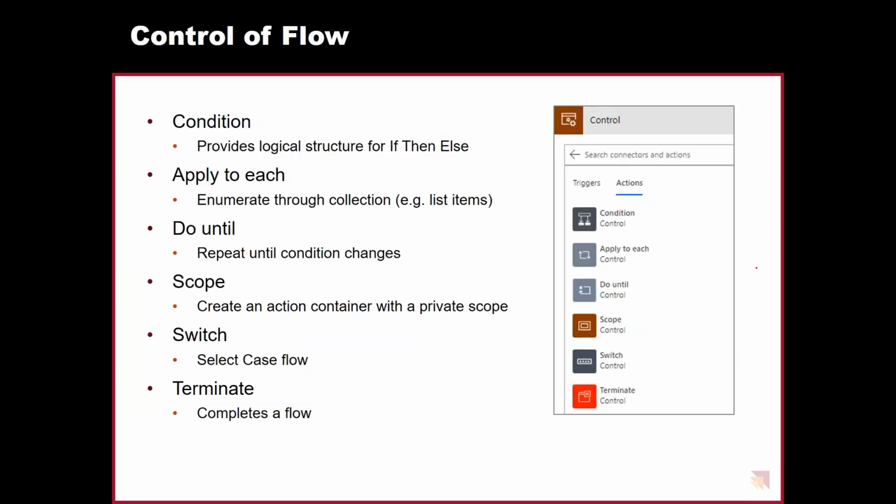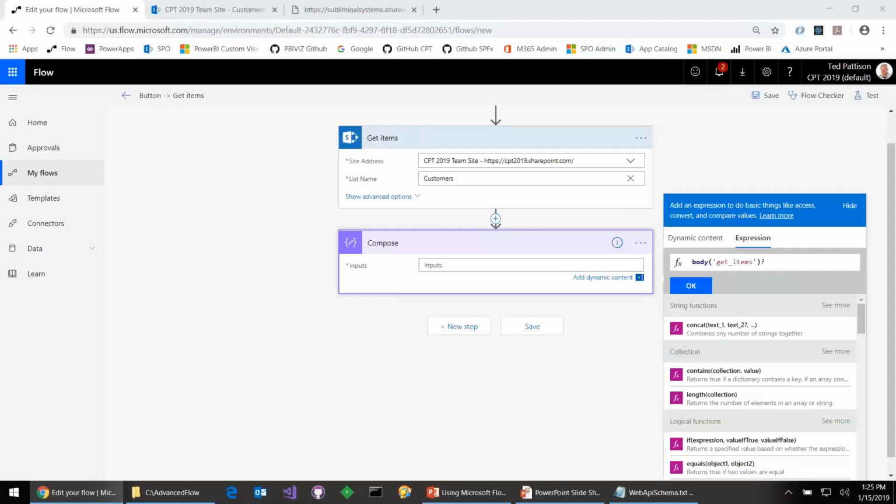Now that we're looking at this, let's add some control of flow logic inside here. One of the things that we have, if I want to enumerate through a list one by one, let's go back here, and I'm going to get rid of this.